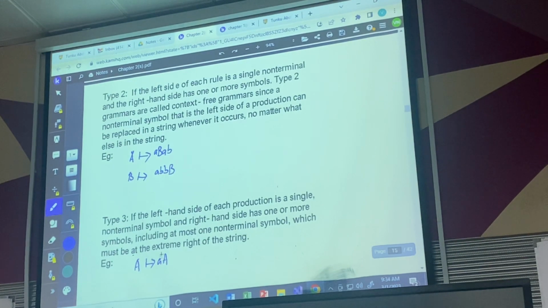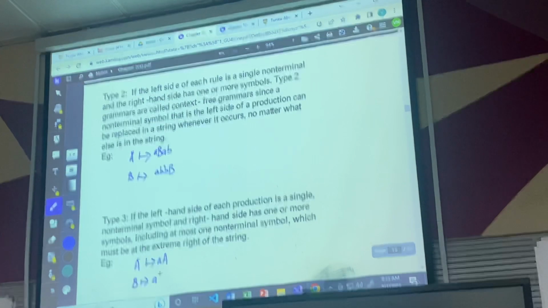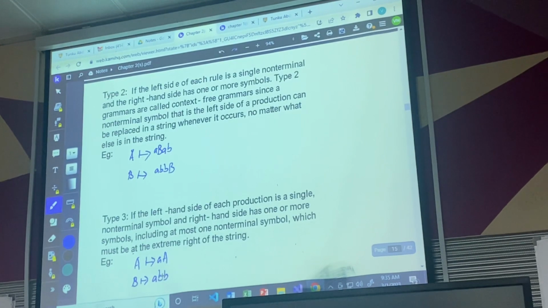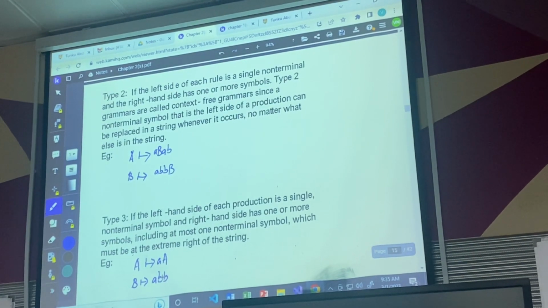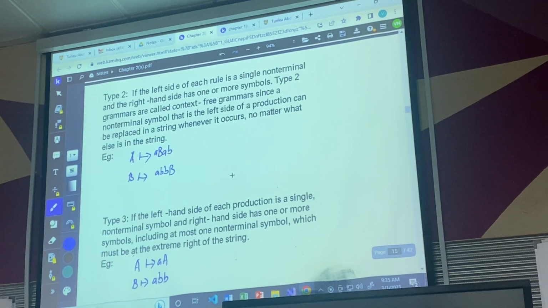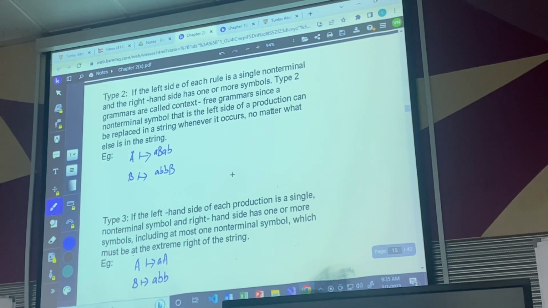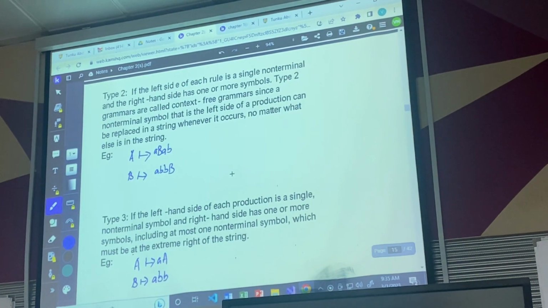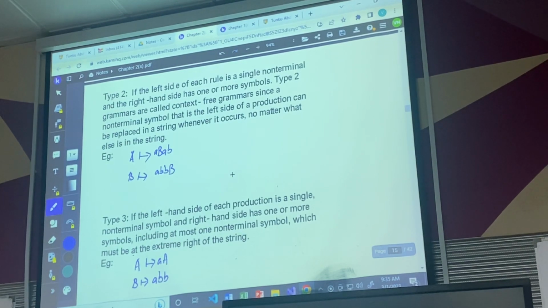We will put the non-terminal at the most right, and the number of non-terminals is at most 1, so I can write it like this. Without non-terminal: one single non-terminal at the left, and at the right, I have no non-terminal, because they say at most 1. At most 1 can be 0, right? So if you have none, then just put all terminals.